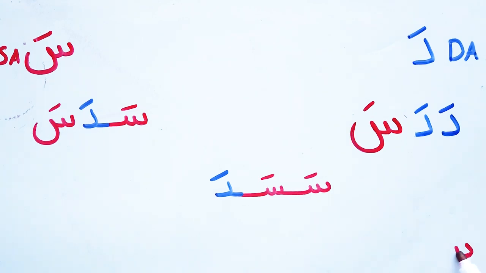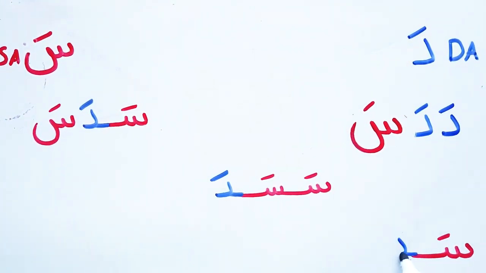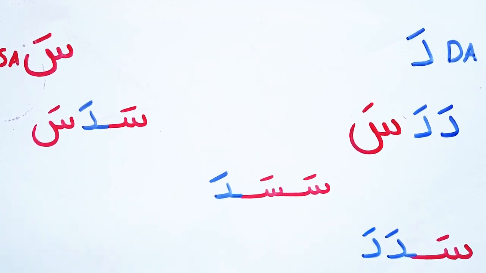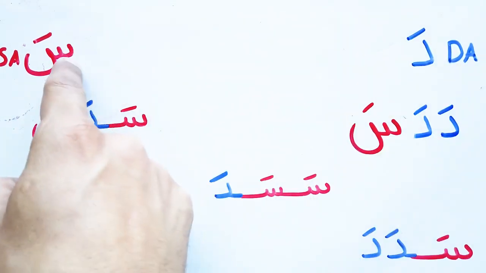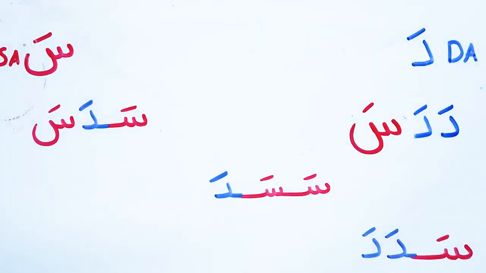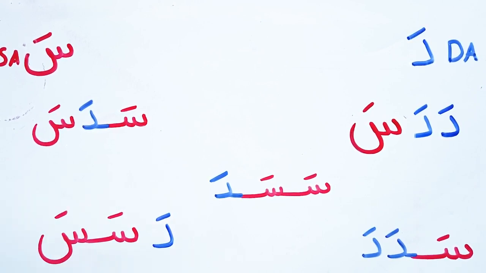Se in the beginning of the word, and then we have de in the middle of the word, and finally de in the end of the word. Then the last one is de in the beginning of the word, then let's write se in the middle of the word, and se in the end of the word.